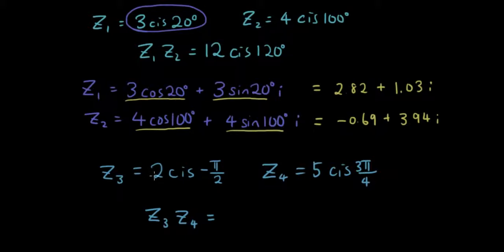Okay, so the answer is just 2 times 5, which is 10 cis, and we're gonna go negative pi over 2 plus 3 pi over 4.